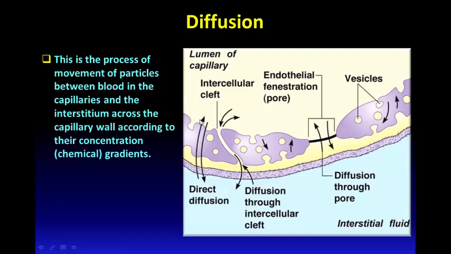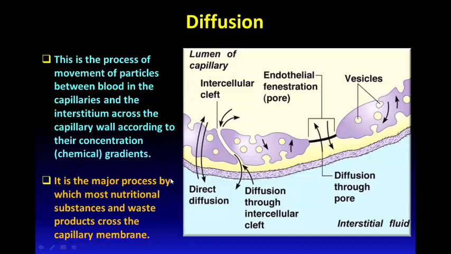Diffusion can occur across the endothelial cells themselves, or through the intercellular clefts between the adjacent endothelial cells, or through the pores or fenestrations which are present in the fenestrated capillaries. It is the major process by which most nutritional substances and metabolic waste products cross the capillary membrane.